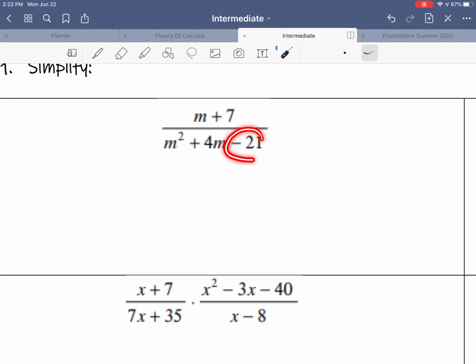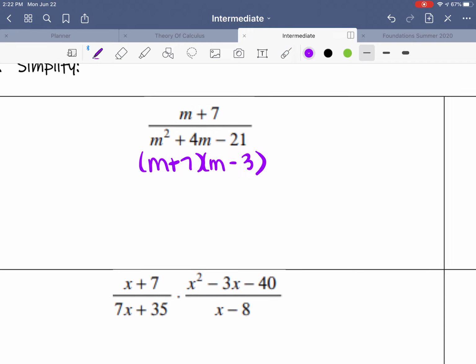So I'm looking for factors of negative 21 that add to 4. I'm going to use a positive 7 and a negative 3, because 7 minus 3 is 4, and 7 times negative 3 is negative 21, so it satisfies both.